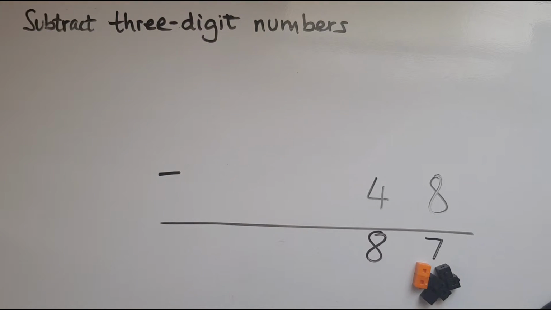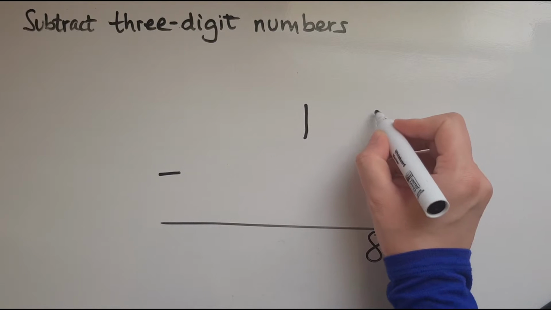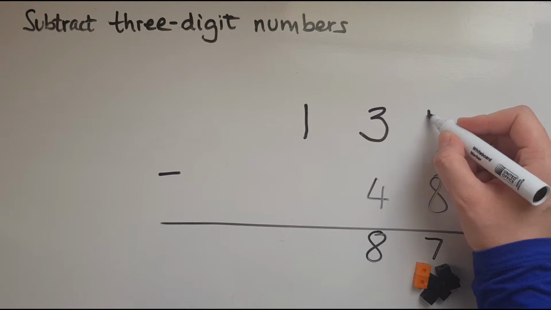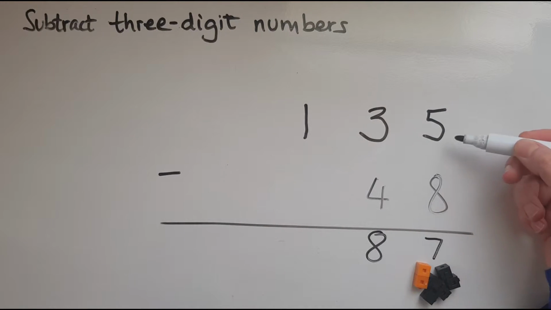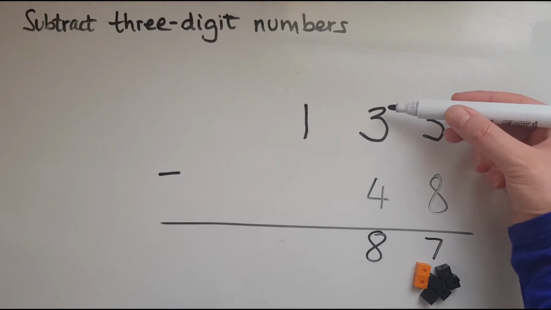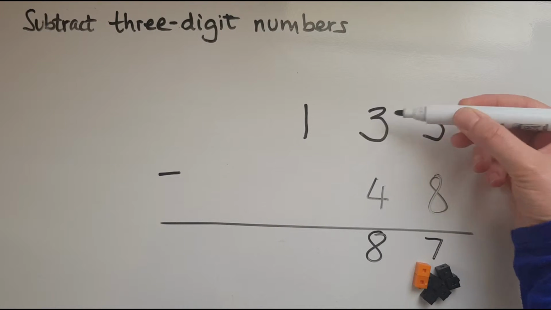So let's see again. I'll rewrite the number to see what exactly happened there. So the number that we had was 135. So I tried to take away 8 from the 5, but it wasn't possible, so I needed to borrow a lot of 10 from the 3.